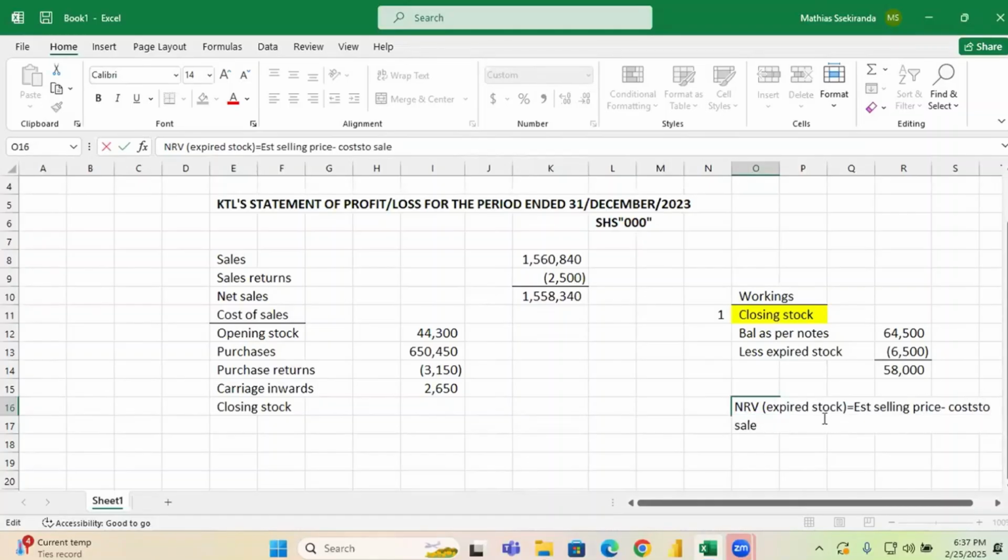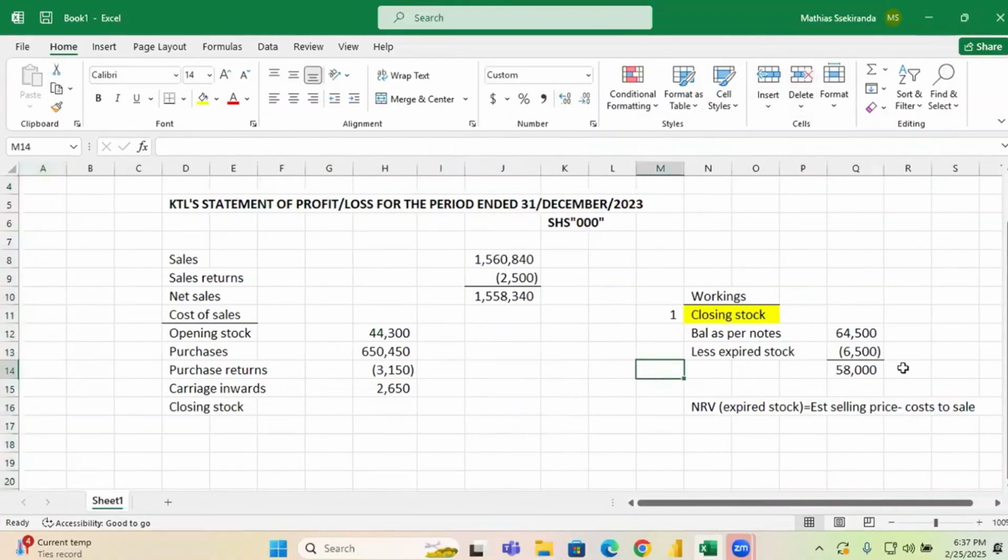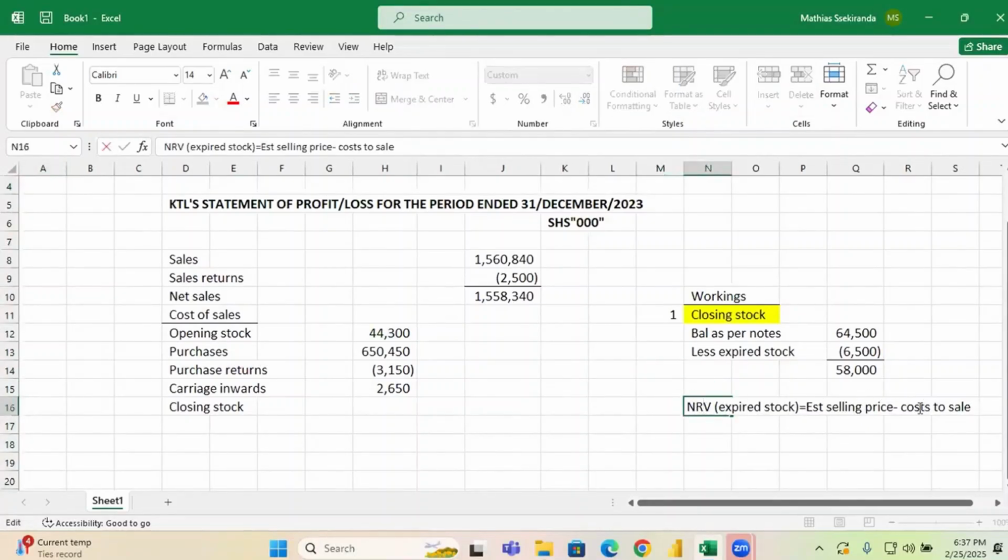We did this formula last week. Net realizable value equals estimated selling price minus estimated cost to sell.